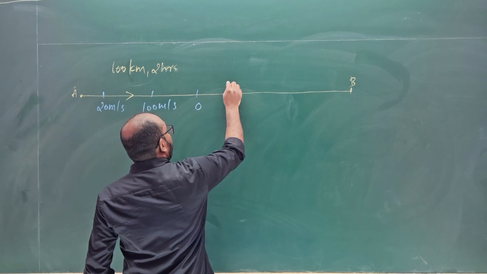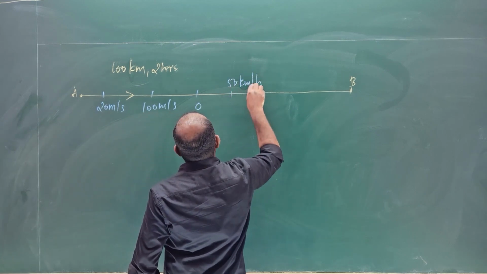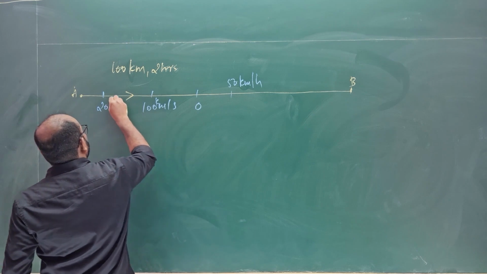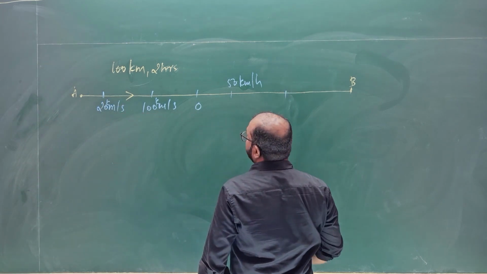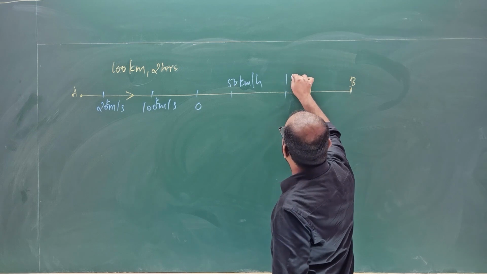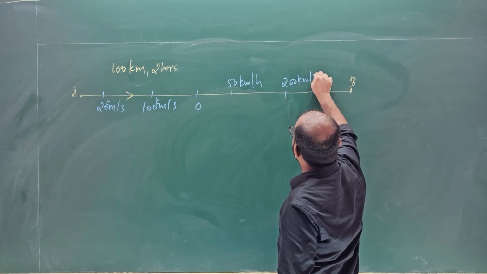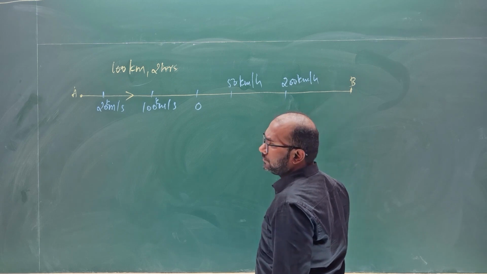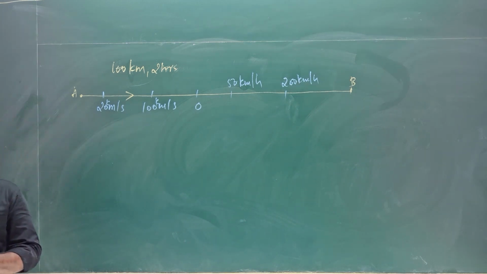Maybe this one over here 50, sorry, kilometers per hour now. Maybe here 200, and so on. Till here, any doubt?